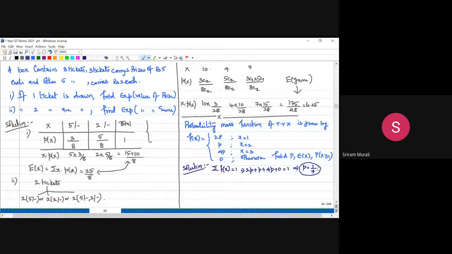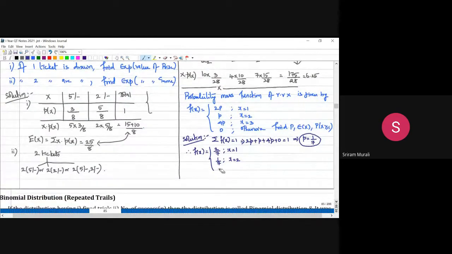Therefore, what is f of x? 2 by 7 for x is equal to 1, 1 by 7 for x is equal to 2, 4 by 7 for x is equal to 3, and 0 otherwise. This is your probability mass function.